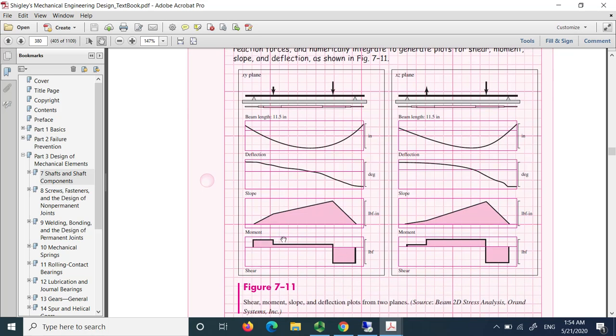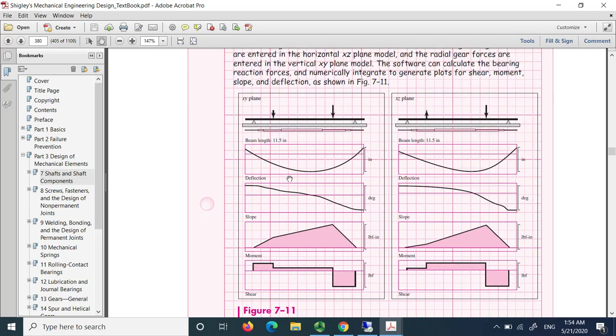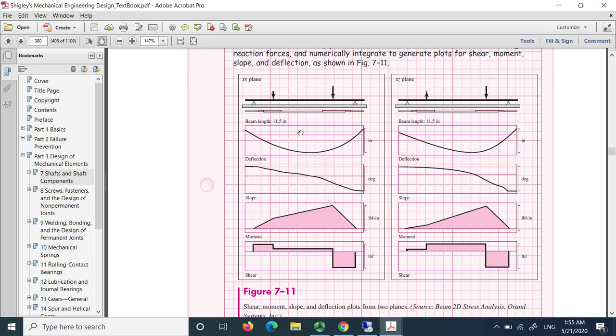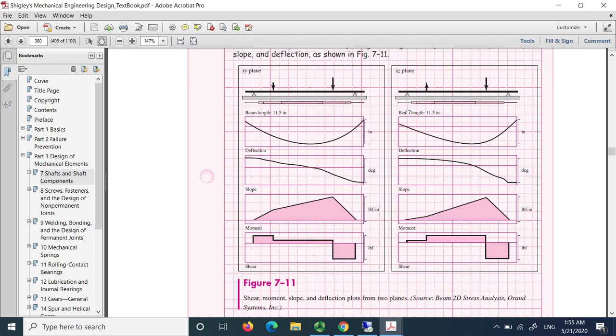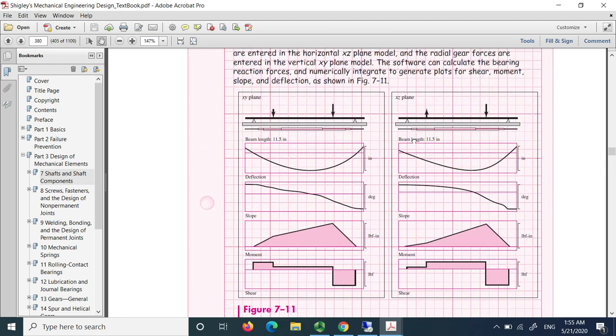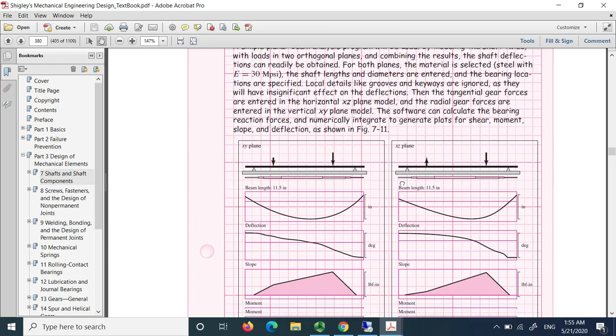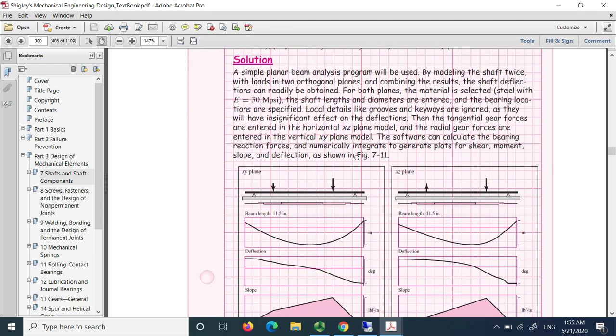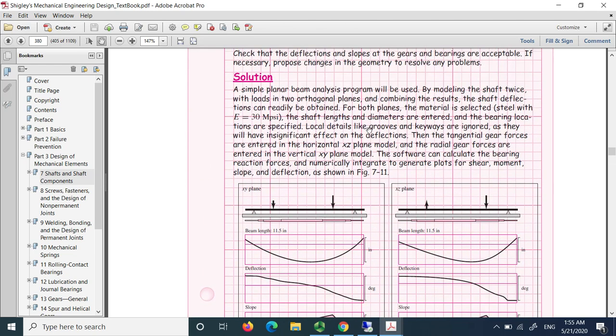But the problem here, as I said, is that the shaft diameter is changing, and you have to find the deflection on each plane, xy and xz, and then do a vector sum. So by hand it's going to be a lot of work. He says that he used a program, but he does not say what program.